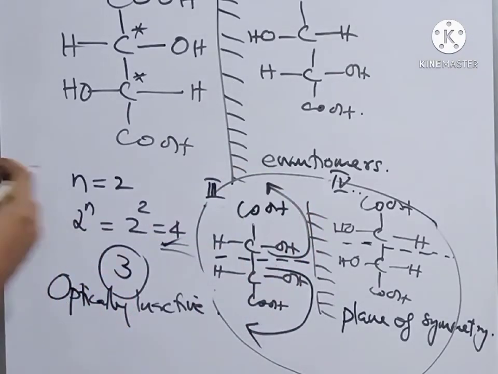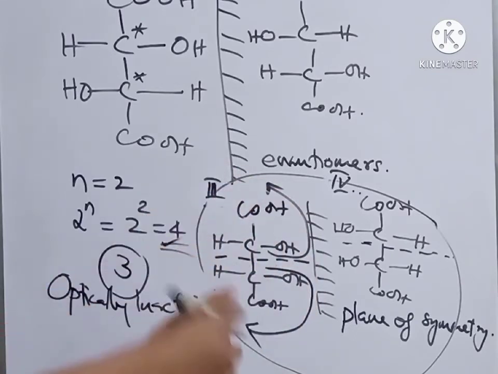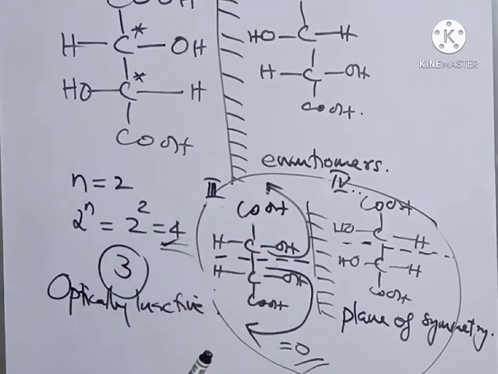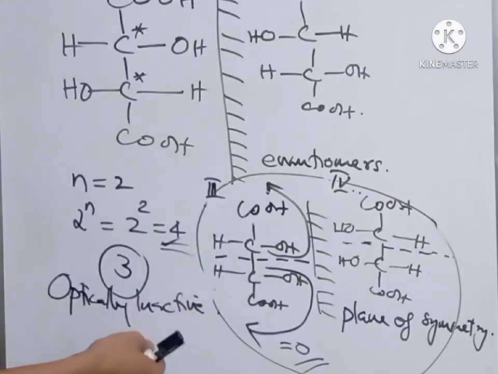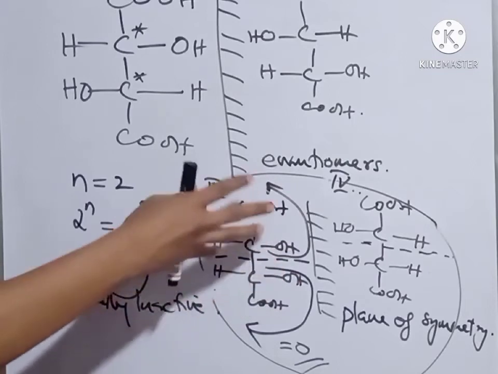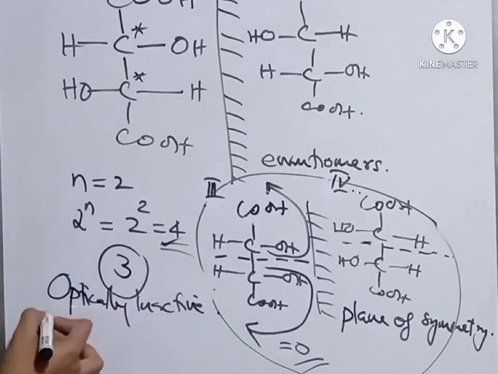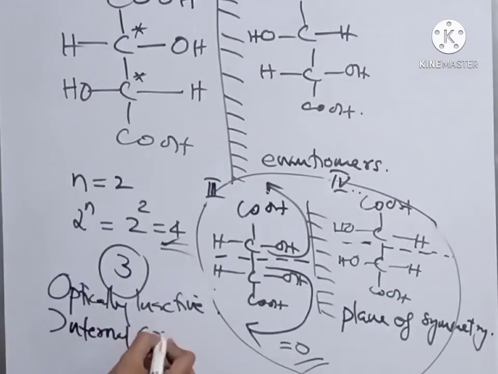So the resulting optical rotation will be equal to 0. So the resultant specific rotation is equal to 0, and it is considered an optically inactive compound, and this process of internal cancellation of the specific rotation is known as internal compensation.